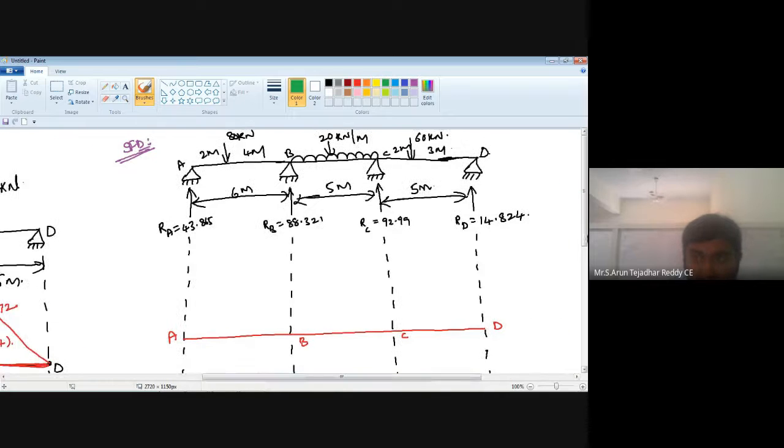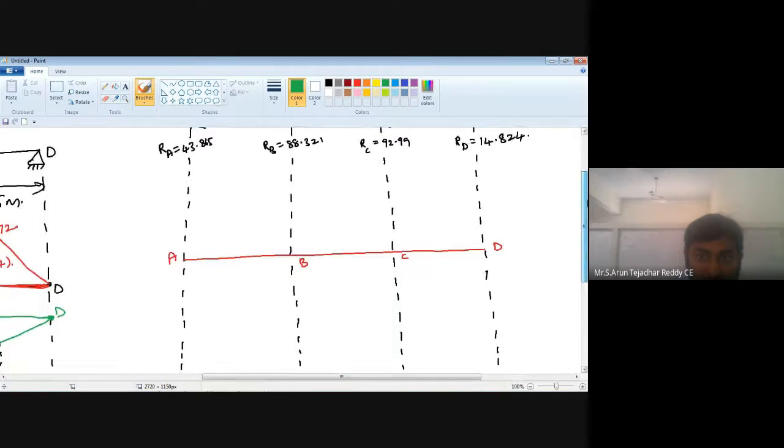Now, first of all, your shear force diagram starts from point A. It means it starts at 0 kilonewton. Your shear force diagram starts from 0 kilonewton, where you will get 0 kilonewton at point A. Okay, next.